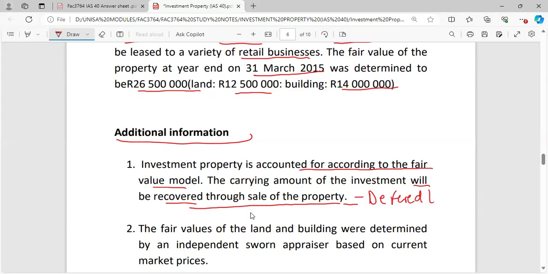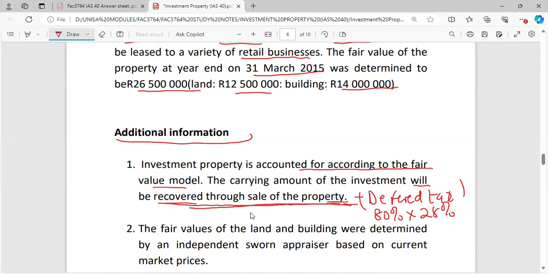Remember when we said if a property can only be recovered through sale, then your deferred tax will now include capital gain, which is going to be 80% times 28%. So in a question, always look for how the asset is going to be recovered.